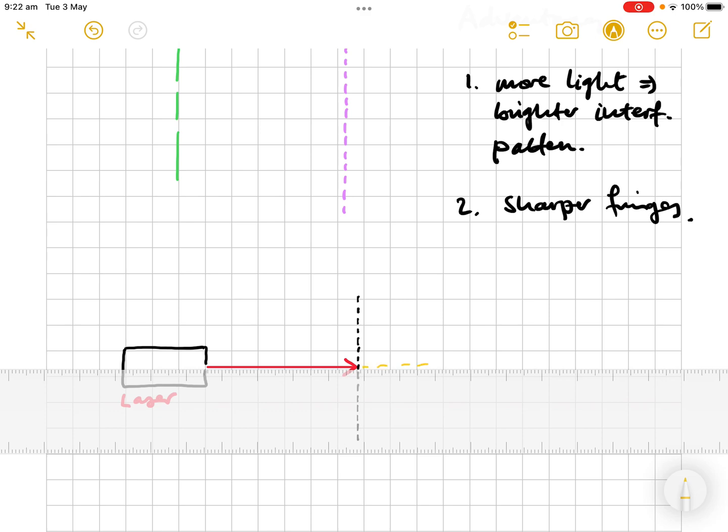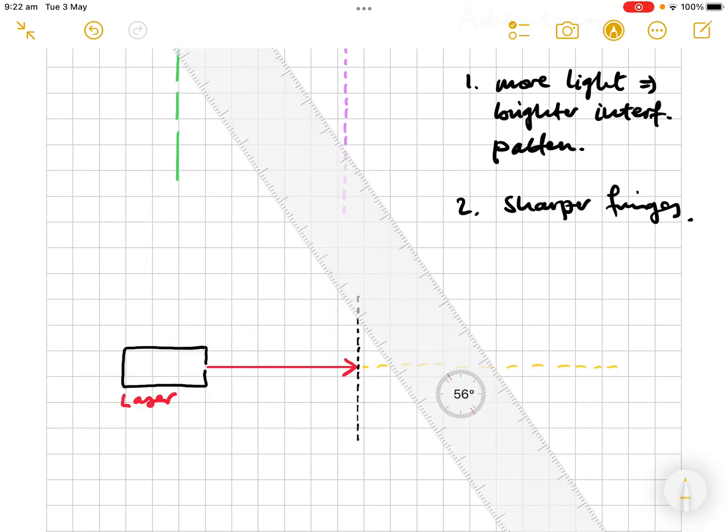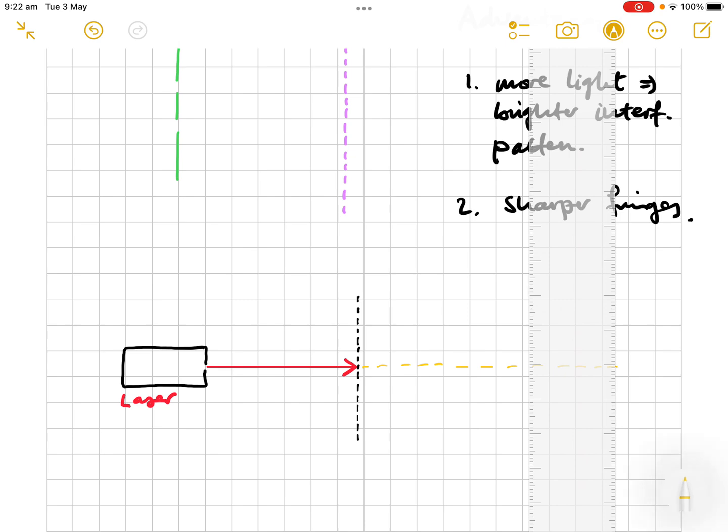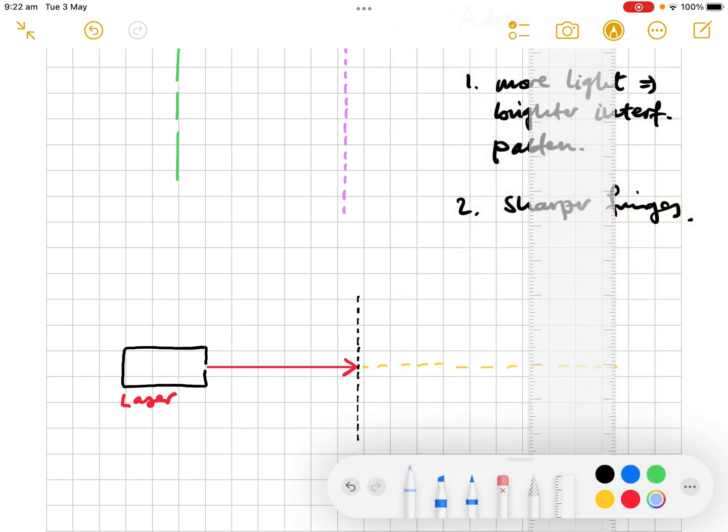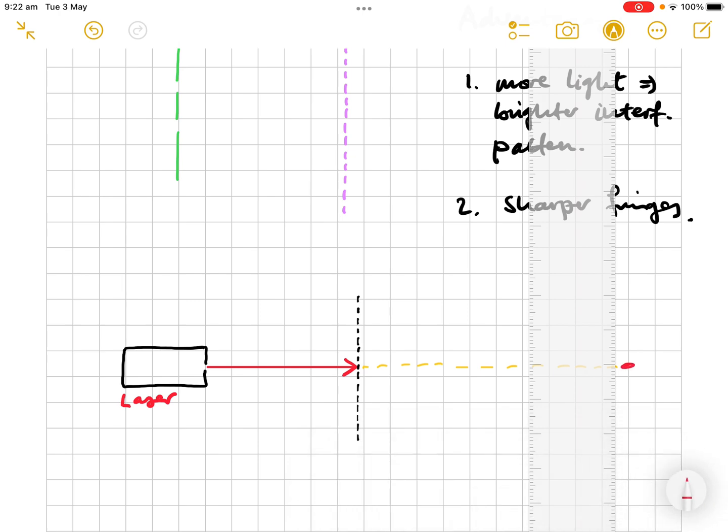There's my straight through position there. So if this were your screen, then you would get your interference fringes: central maximum, first order on each side, second order on each side, etc. m equals 0, m equals 1, m equals 2, just as before.